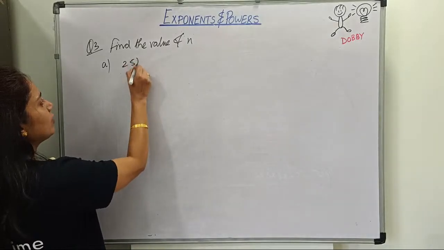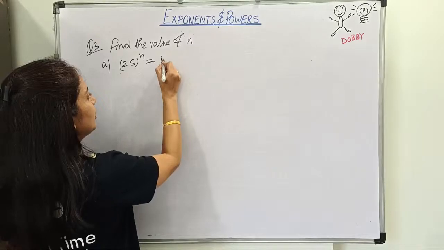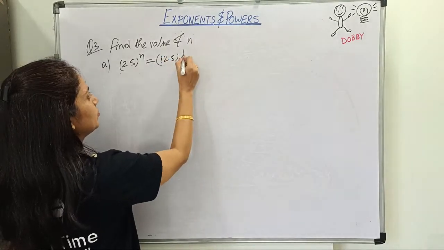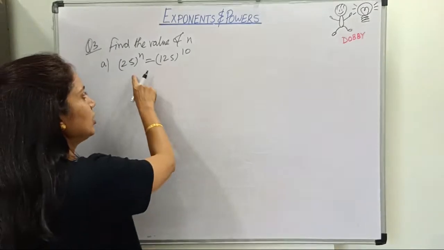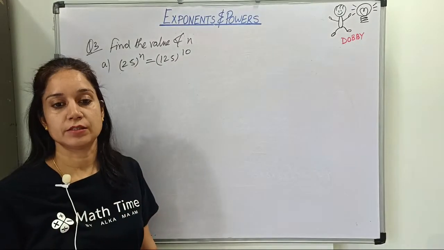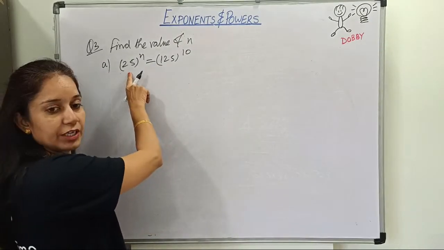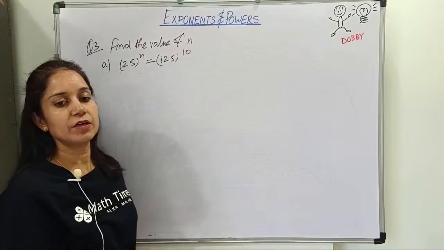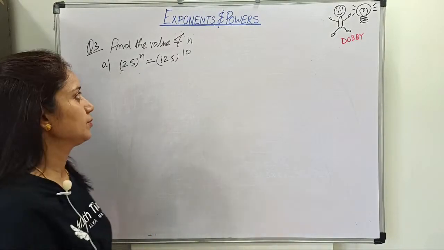25 raised to the power n equals 125 raised to the power 10. We can equate two rational numbers with the same base. So both should have the same base. Here the first has 25 as the base and the second has 125 as the base. So we have to make them with the same base.